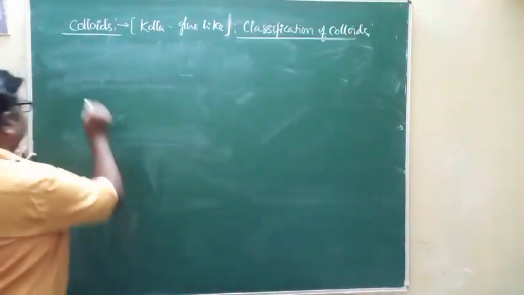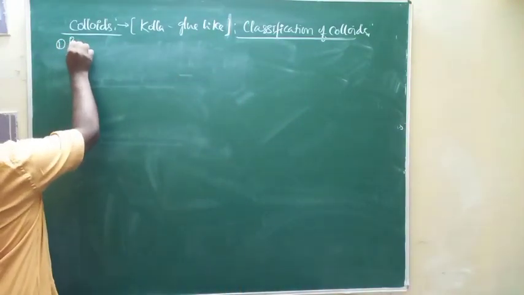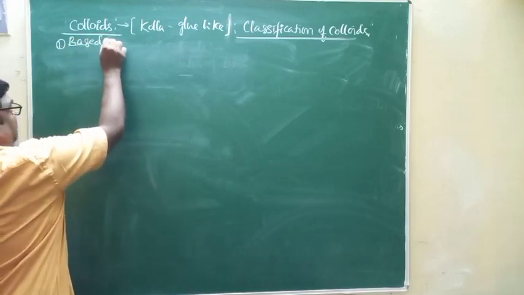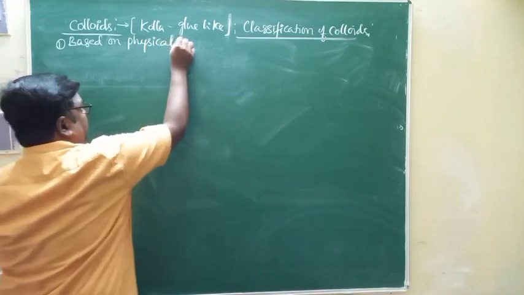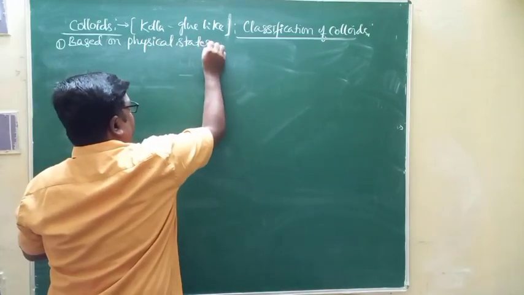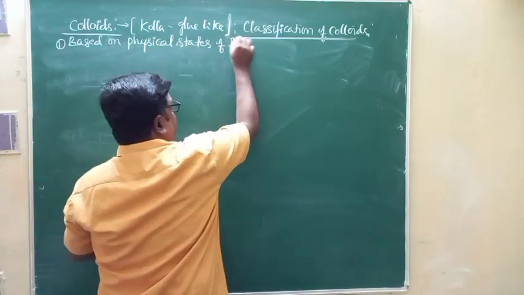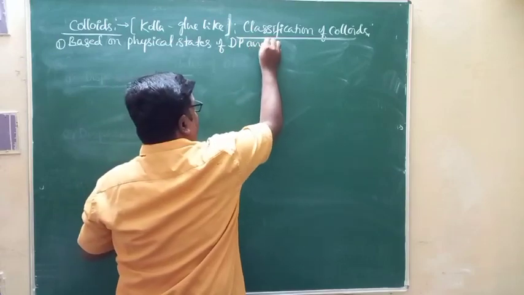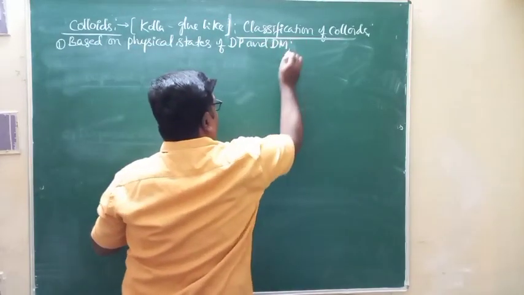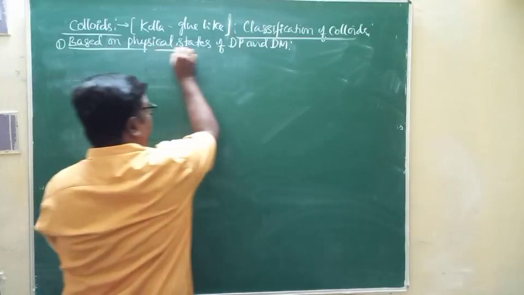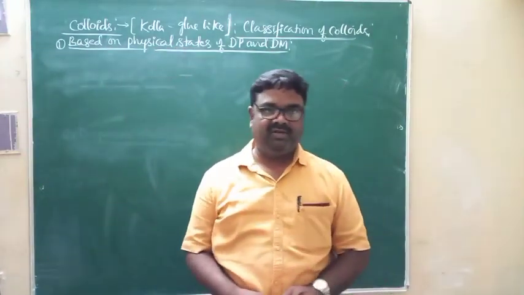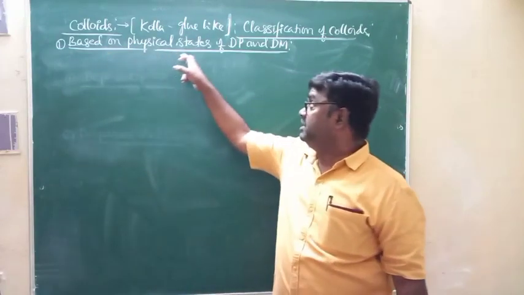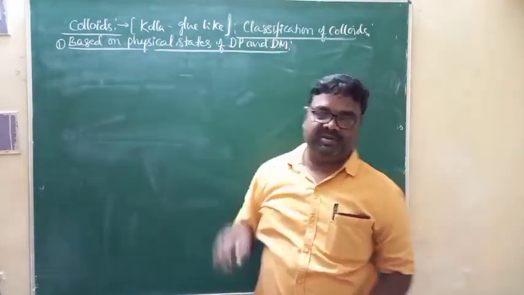One, it is based on physical states of disperser phase and dispersion medium. This is one basis for the classification of colloids. We have three bases for the classification of colloids. One, it will be based on the physical states of disperser phase and dispersion medium.